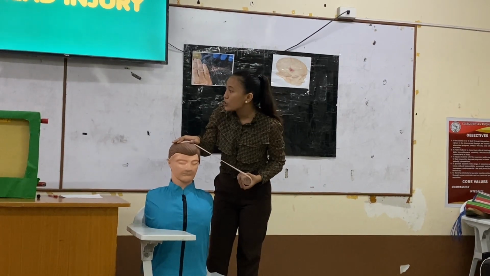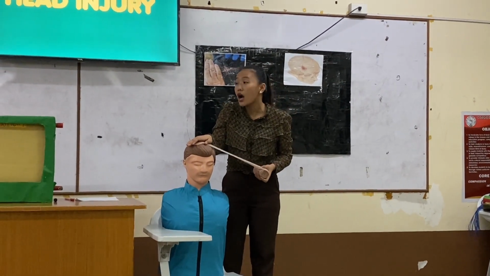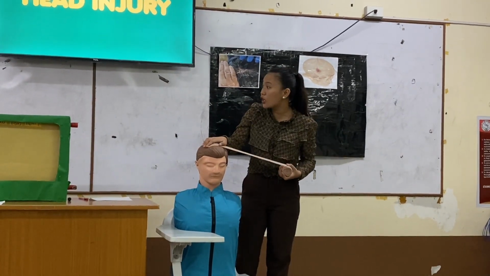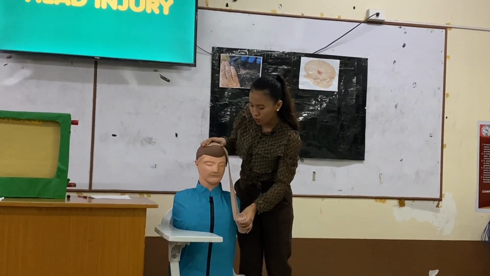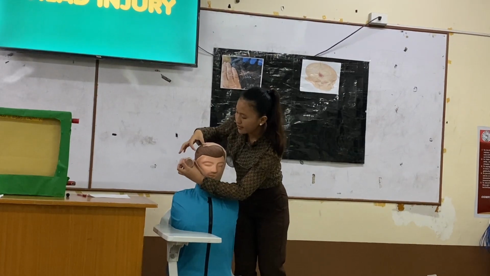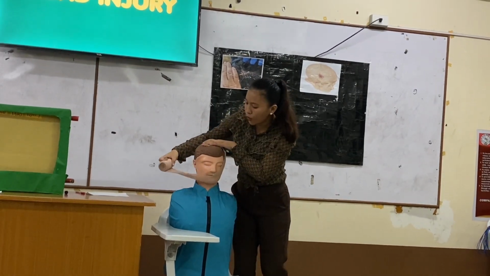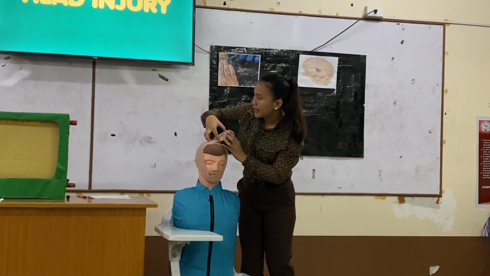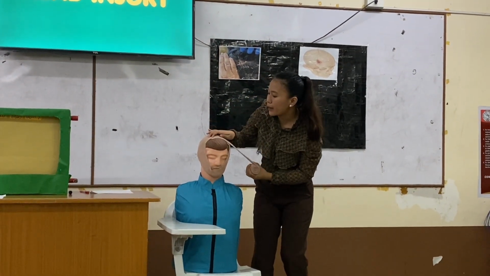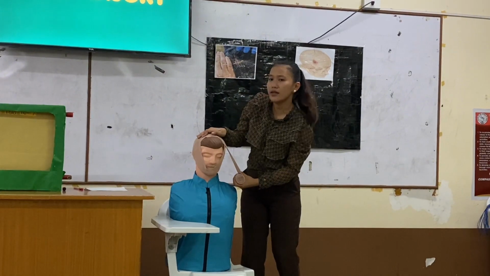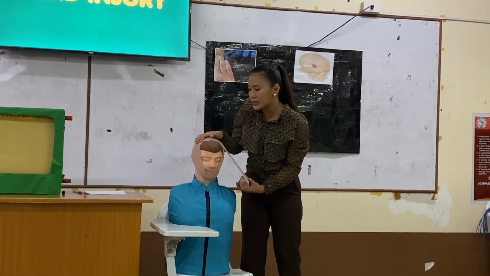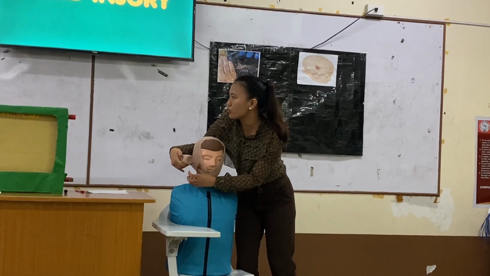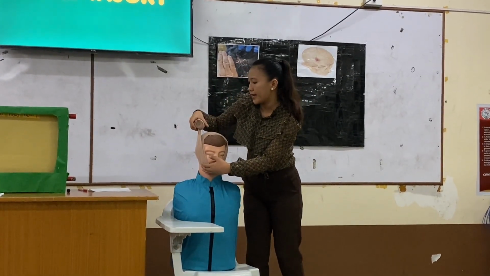Next one is to pass it over the ear, under the chin, and in a perpendicular manner. So, we will apply it here. And of course, we press it on the injured part. Now, since the pressure is being applied here, in every round you must pass the bridge, in order to stop the bleeding.